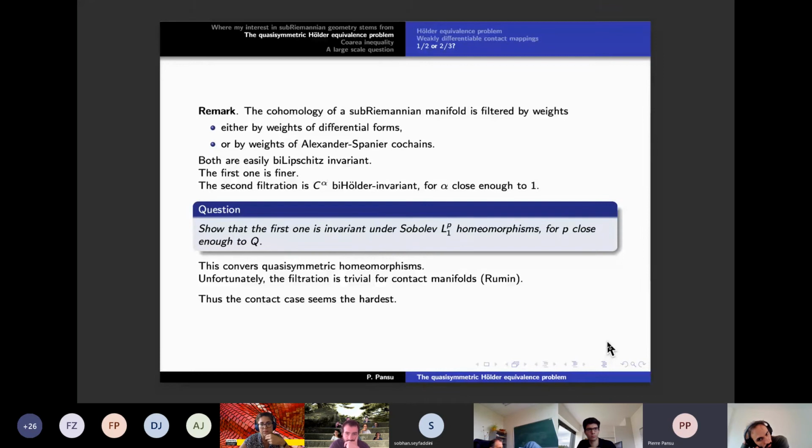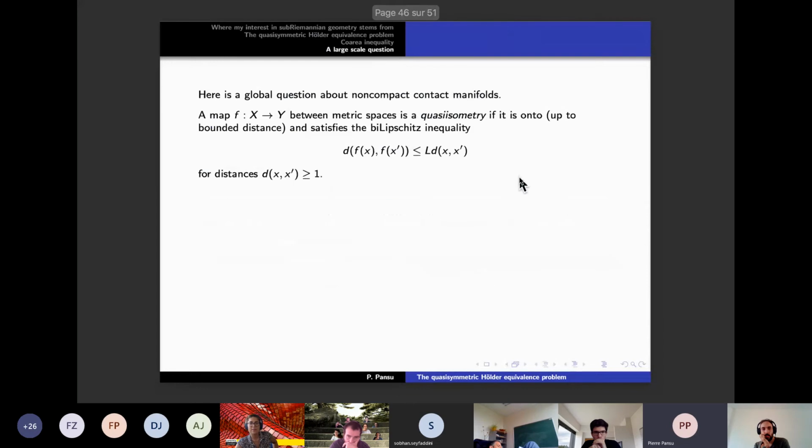And if there remains some time, I can give you some hint on the proof of these upper bounds on Hölder exponents by Gromov and my argument, which is inspired by Gromov anyway. So let me mention a different kind of problems dealing with non-compact contact manifolds.